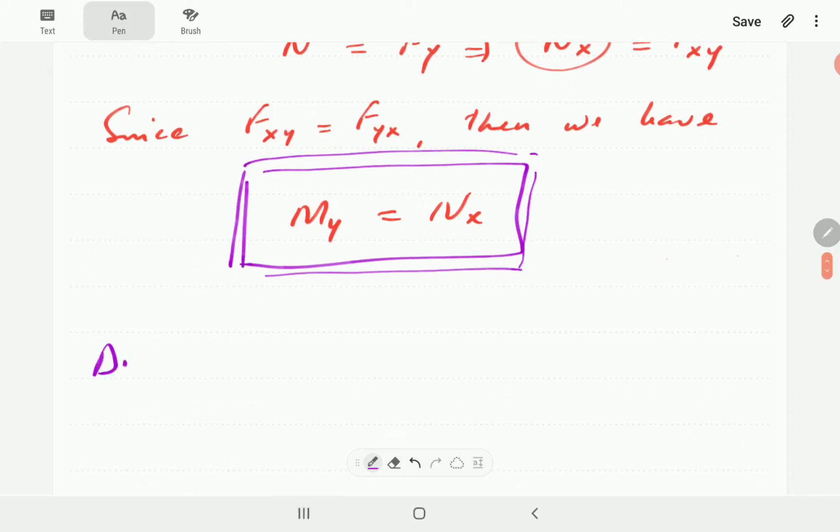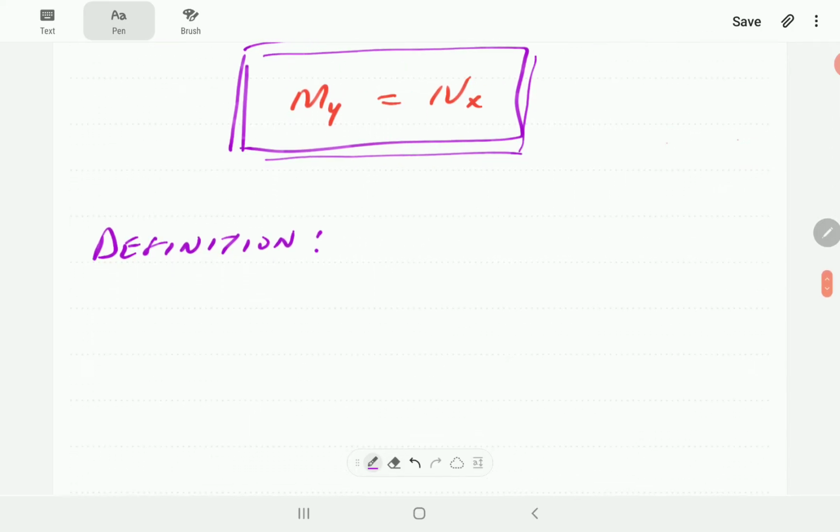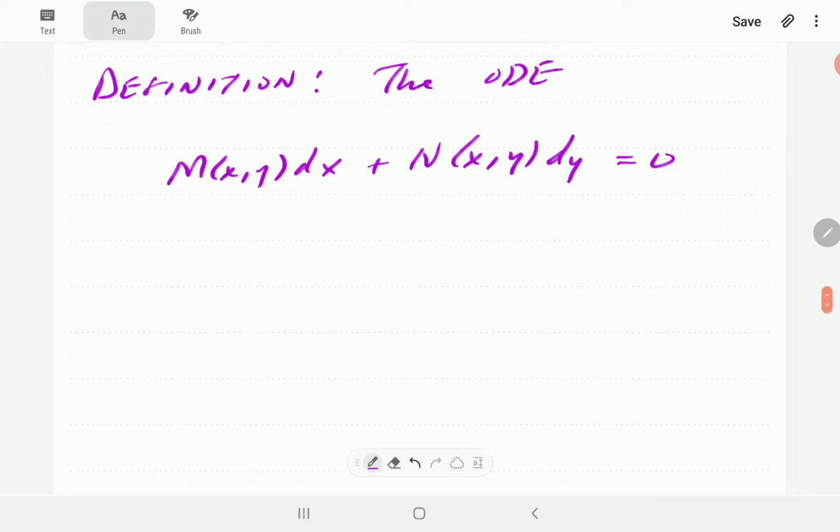So let's put a definition here. Based on this, we are going to write the ODE M dx plus N dy equal to 0.